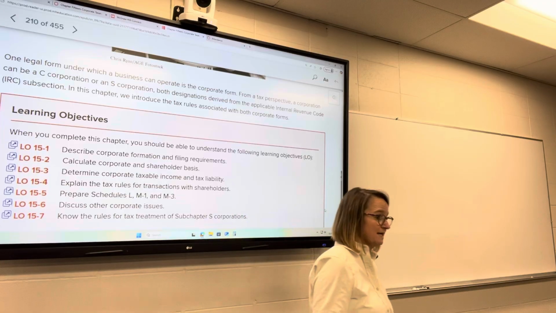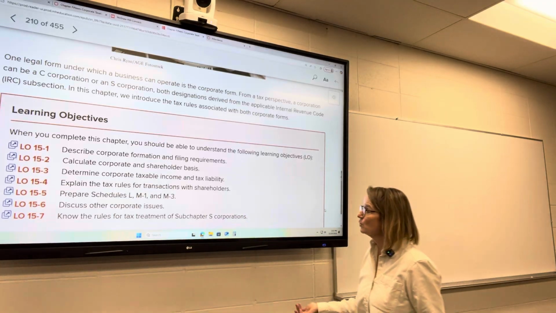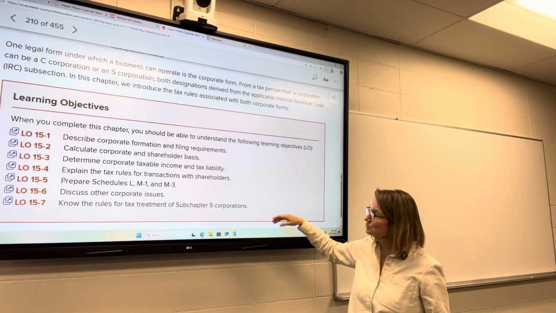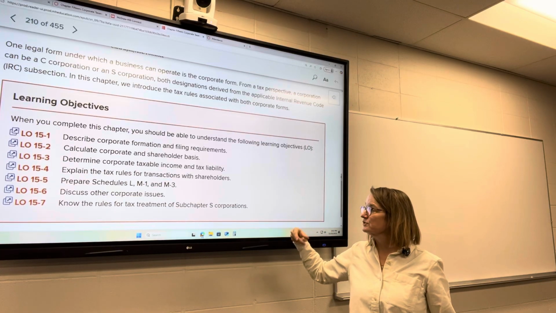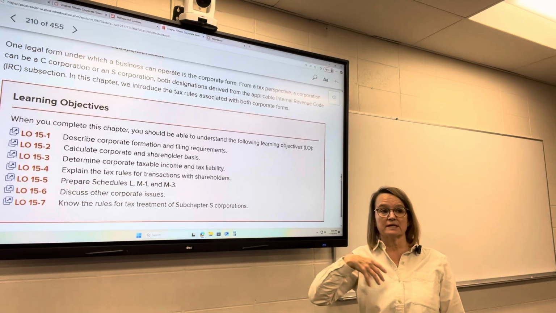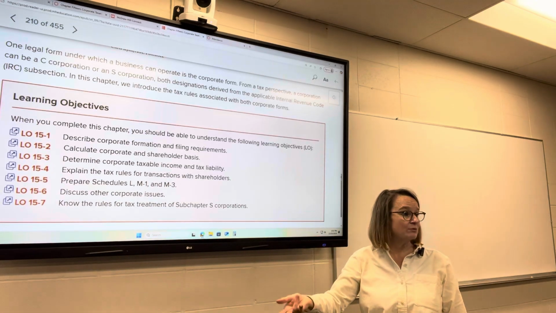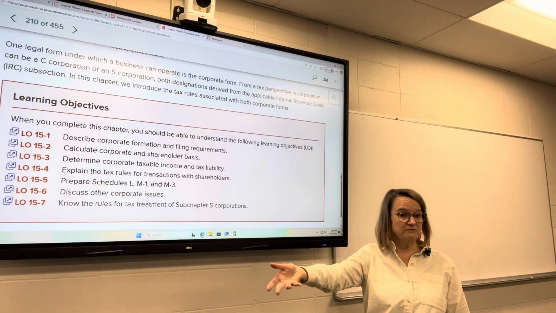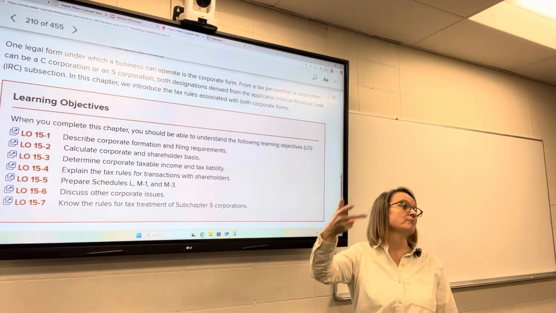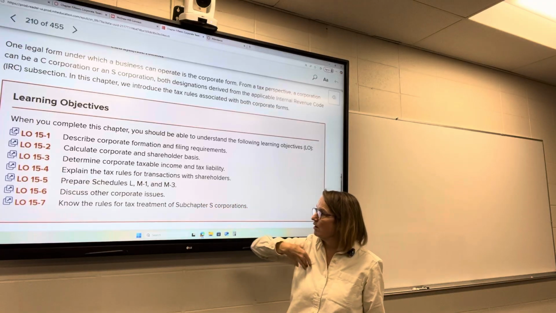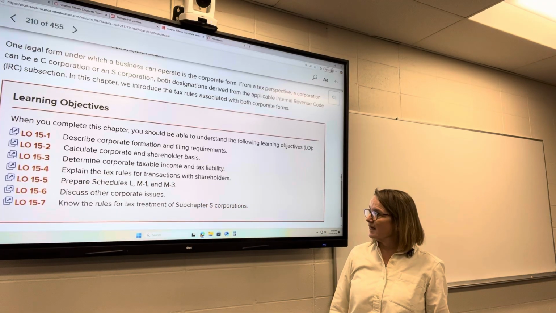We just have one tax rate for C corporations. We're also going to talk about different tax rules for transactions with shareholders. So things like when the corporation pays dividends or pays something out of itself, gives shareholders something in return for their investment, what the tax rules are for reporting that.